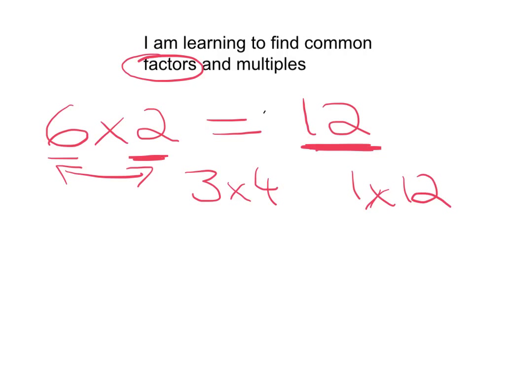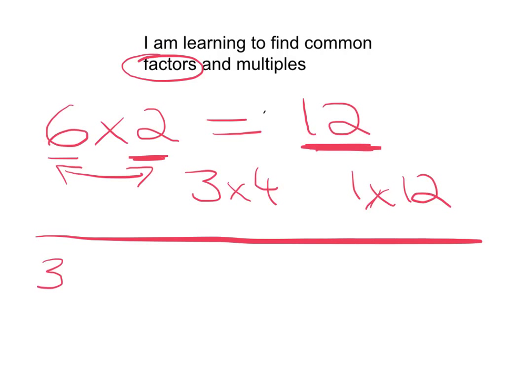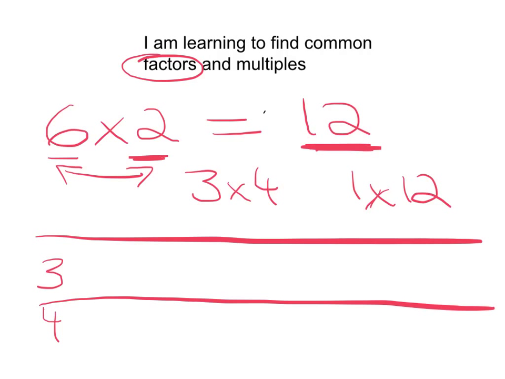A multiple is slightly different. If we were to take 3 and 4 here and start listing all the multiples of 3 and 4, we would find they might have some in common. So the multiples of 3 are 3 times 1 is 3, 3 times 2 is 6, 3 times 3 is 9, 12, 15.